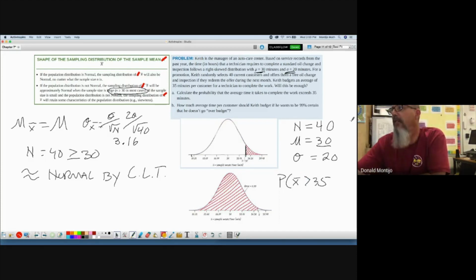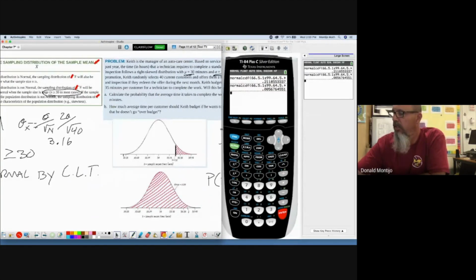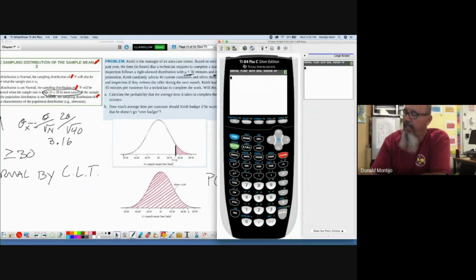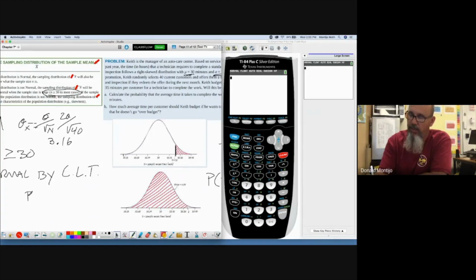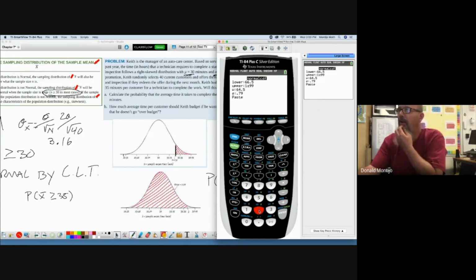Let's go back to our workhorse, the TI calculator, and have it calculate this for us. I want to know the probability that x bar is greater than or equal to 35. Again, distribution, normal CDF. I want to go from 35 to infinity with a mean of, what did they tell us?